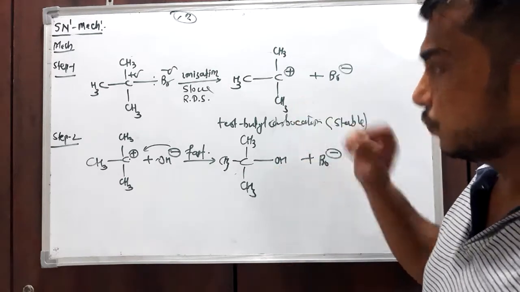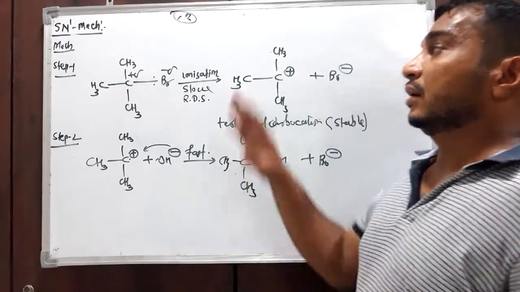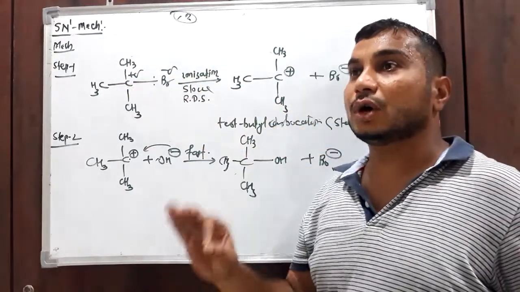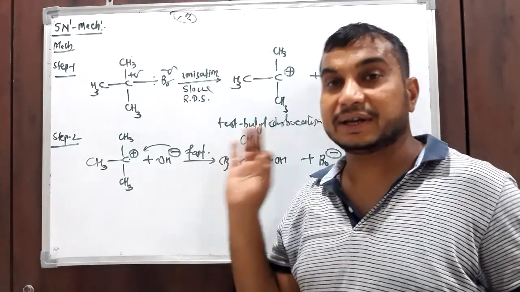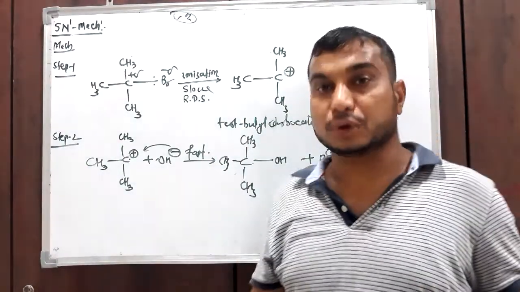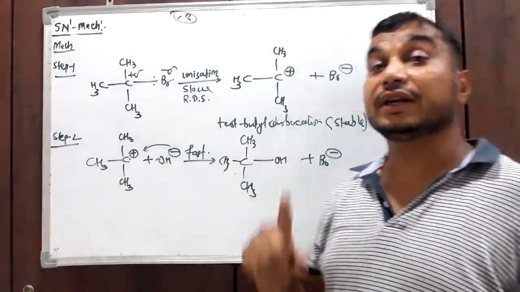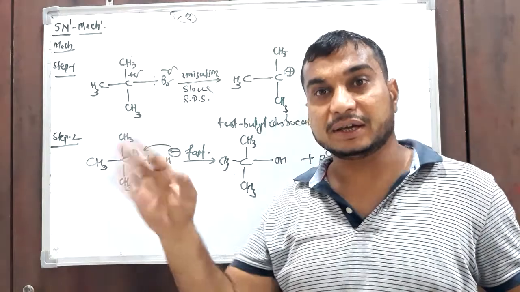Now it is found that in an SN1 reaction, if the reactant is optically active, either dextrorotatory or levorotatory, the product is always optically inactive.